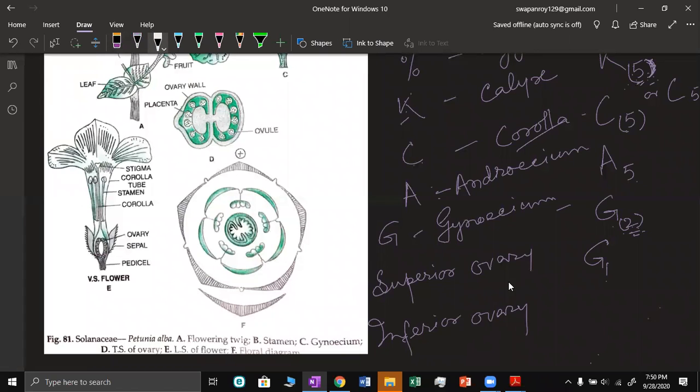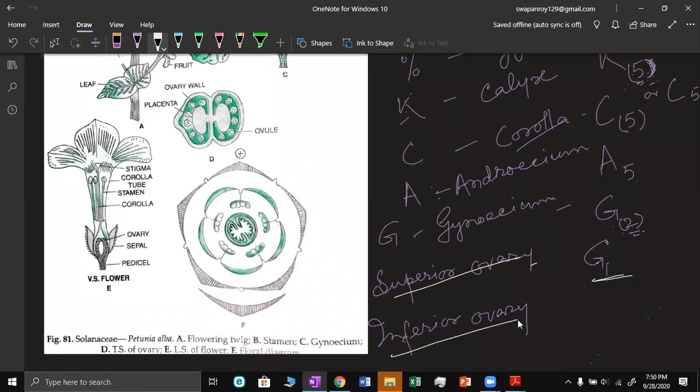Say here the ovary is superior. If the ovary is superior, then we put a line below. We will write this G, after that the number of the carpels, and below it we will draw one line.